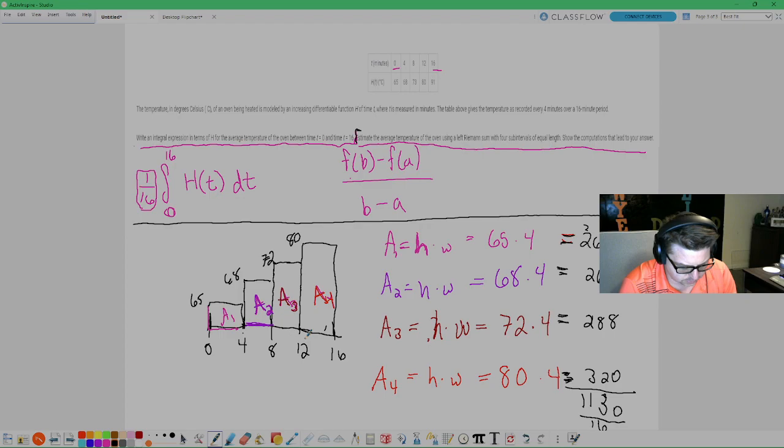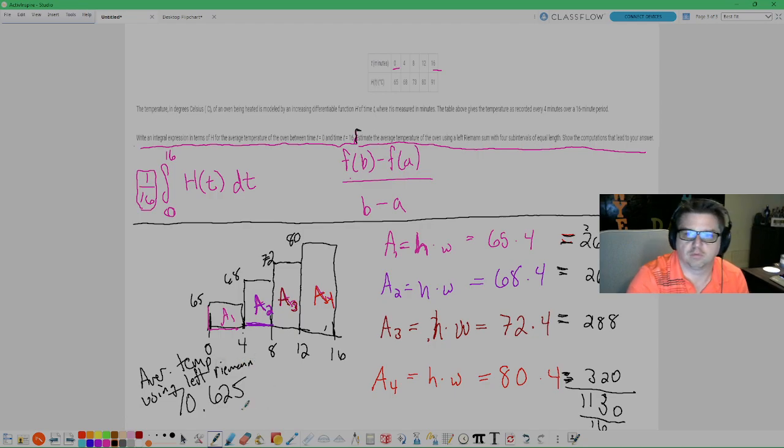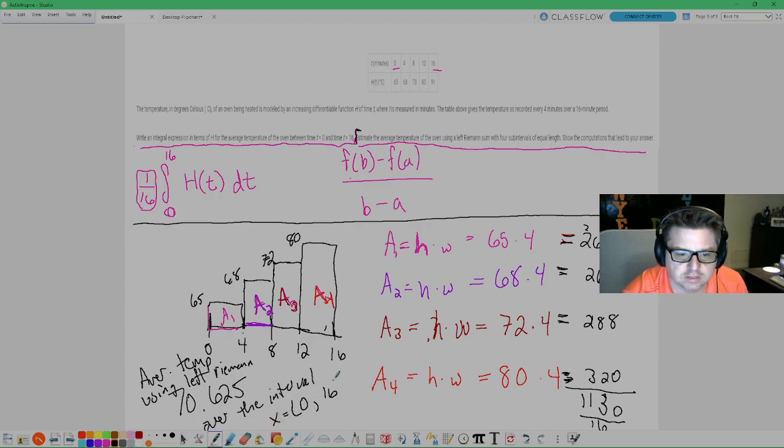1130 divided by 16, 70.625. This is the average temp using a left Riemann sum over the interval x equals 0 to 16.